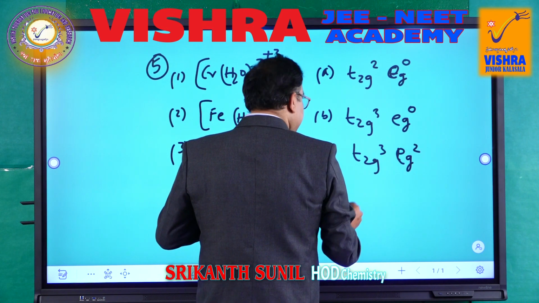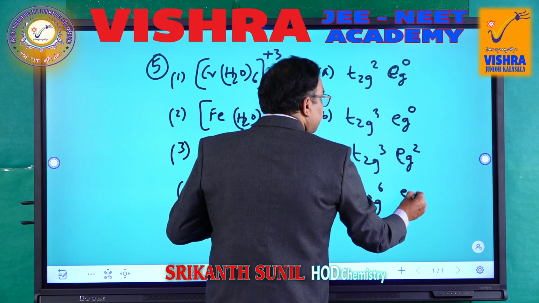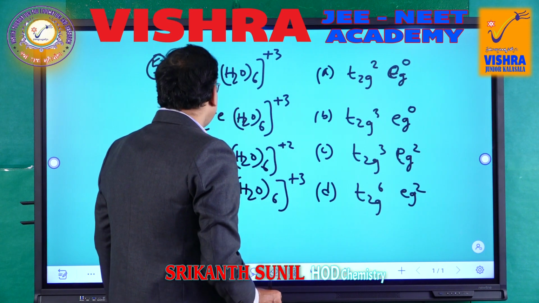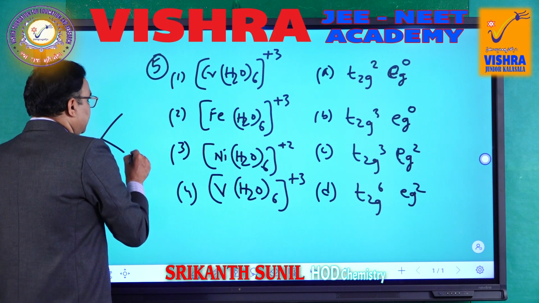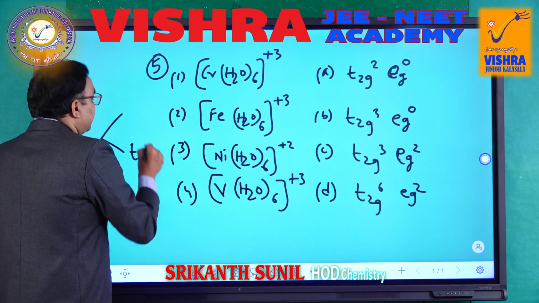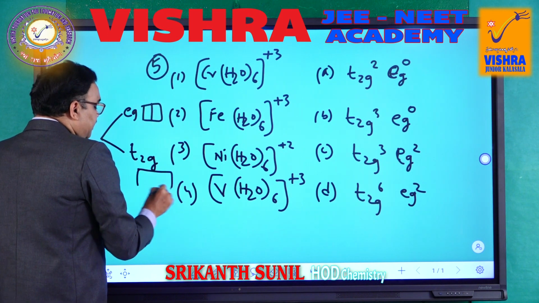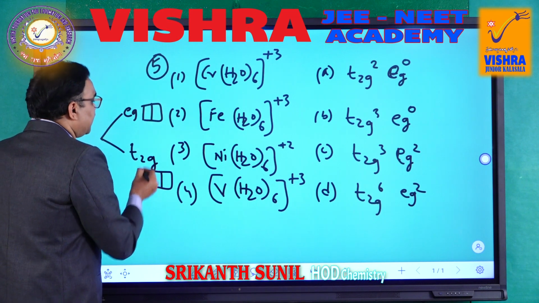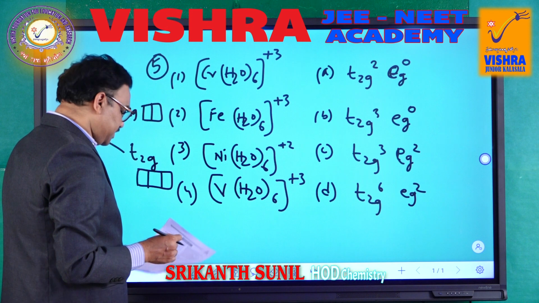And t2g6 and eg will have 2. All of you know we can write the crystal field splitting like this: t2g here and eg here. The filling is done here first, then it goes there, depending upon the ion and how the configuration is.